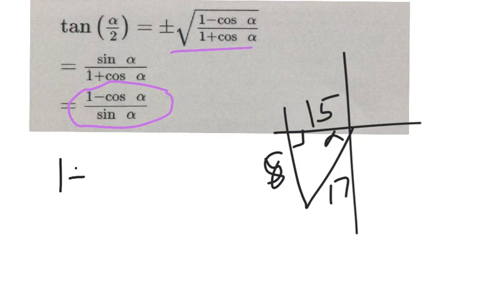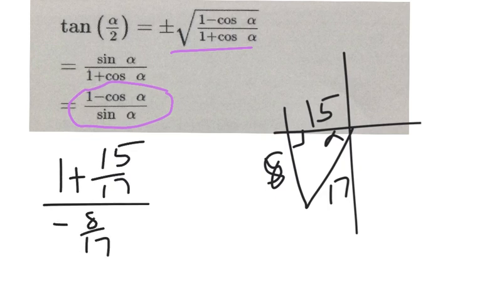Negative 15 over 17. So that's plus 15 over 17 over sine of alpha. Sine of alpha would be negative 8 over 17.